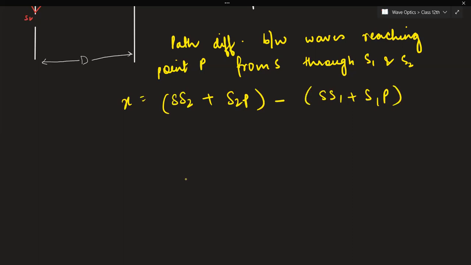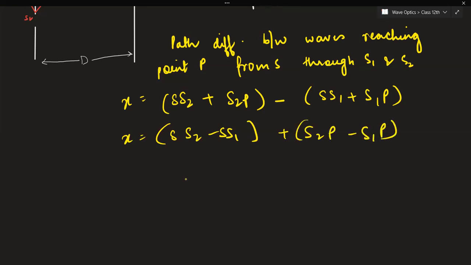Fine. Now just open up the bracket. So this becomes SS2 minus SS1 and this becomes plus S2P minus S1P. Fine, this much you have. Now SS2 minus SS1 is what? This is already given in the question, that is lambda by 4.